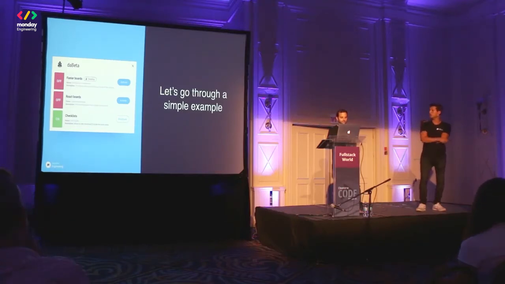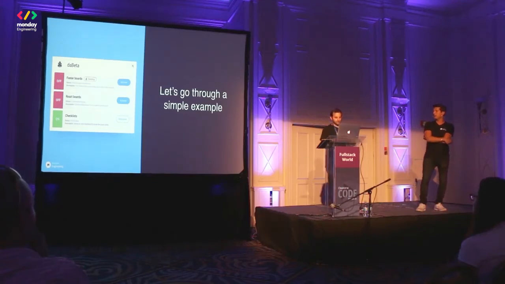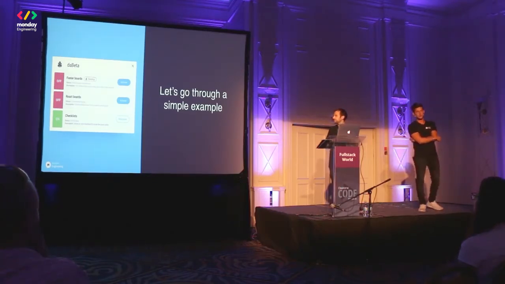Also, an important notice: there is a trending icon in the faster board feature. This is a product decision that we made, that in some cases we want to promote the feature. We have one feature that is the most recommended one.